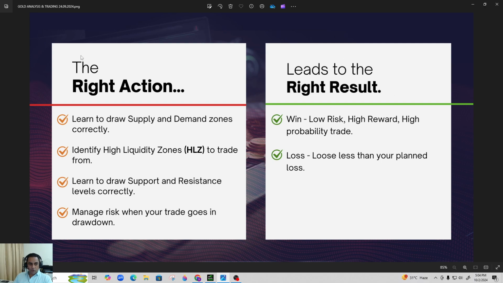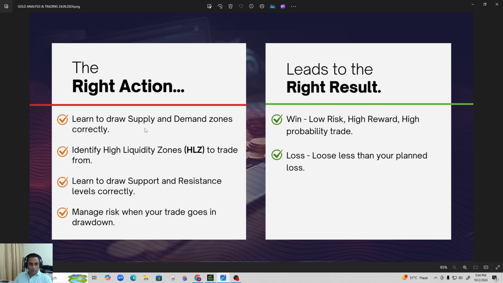If you do the right action, which has 4 steps, and this is what I practice and try to teach during these 2 to 3 hour streams, these 4 actions will lead to one of these 2 results. And both of these results, either a win or a loss, is the right result.